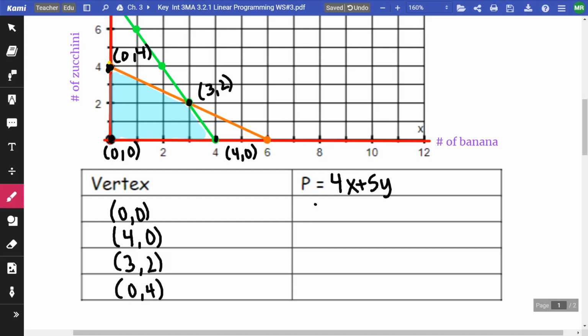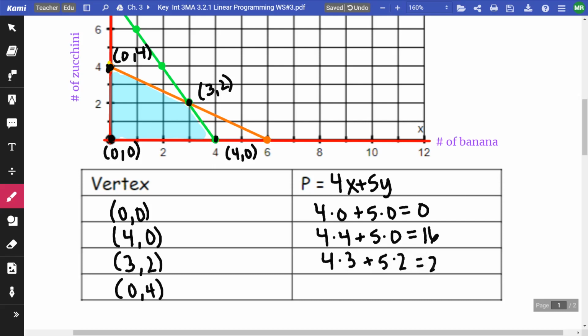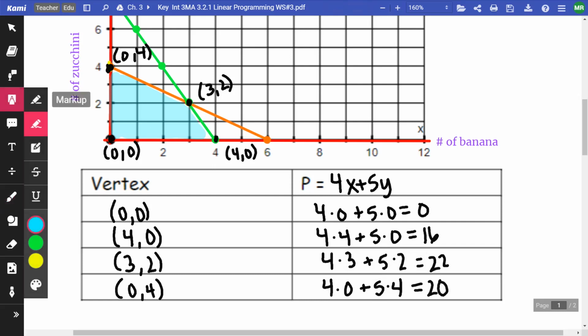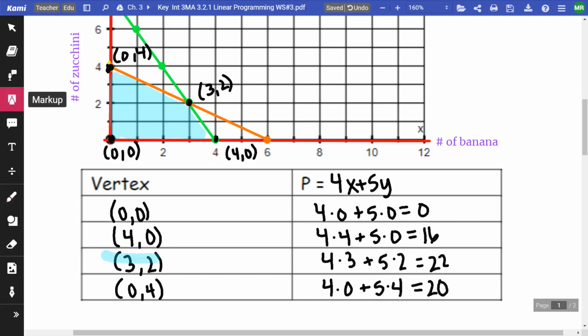And so 4 times 0 plus 5 times 0 is going to be 0. 4 times 4 plus 5 times 0 is going to be 16. 4 times 3 plus 5 times 2, 12 and 10 is 22. 4 times 0 plus 5 times 4 is 0 plus 20, which is 20. So my maximum is going to occur right here.